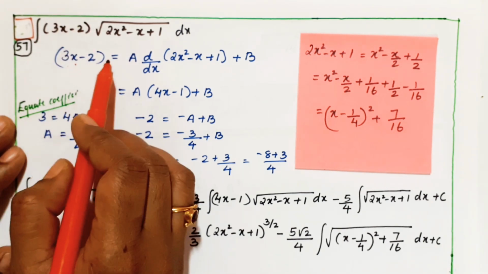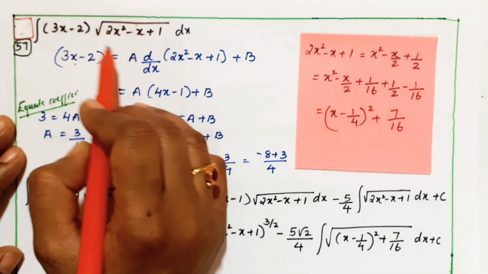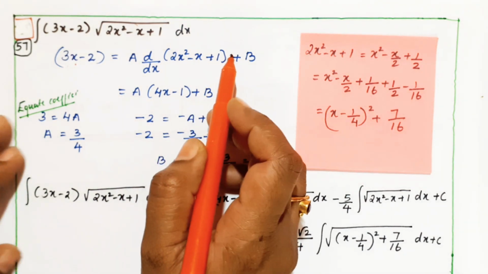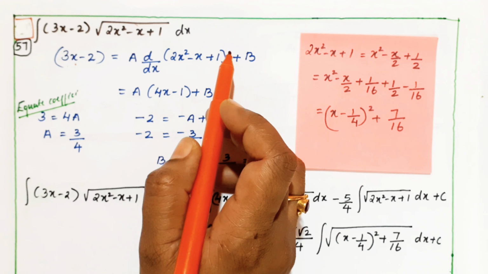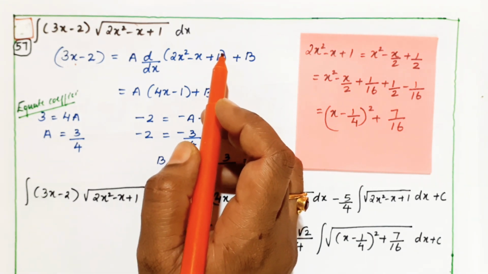So 3x minus 2 I am writing as a into d by dx of 2x square minus x plus 1. You see, it is not compulsory that it should come in the same form as the previous question.